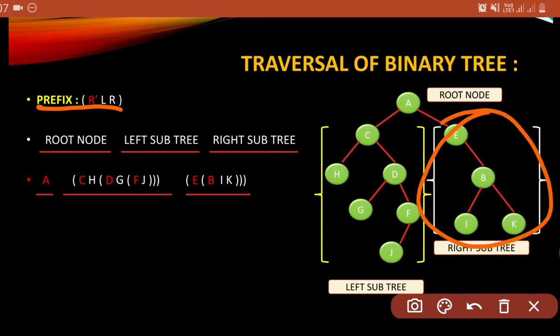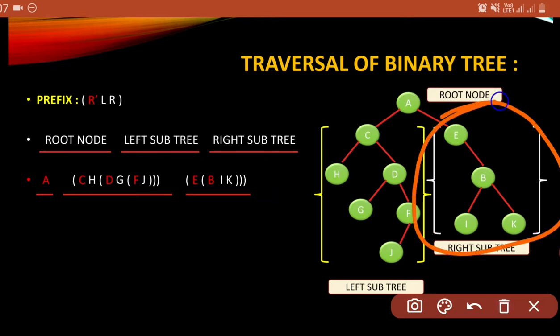Again, we have to fill the right subtree here. How? This is our right subtree. Means E is root node. That's why I have to write E first. Then the left part is not present. That's why ignore it.